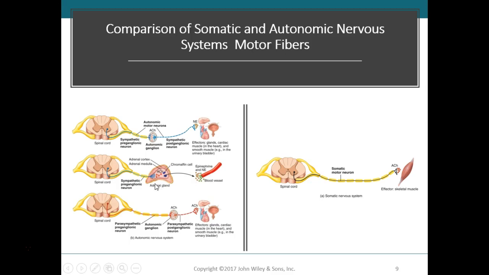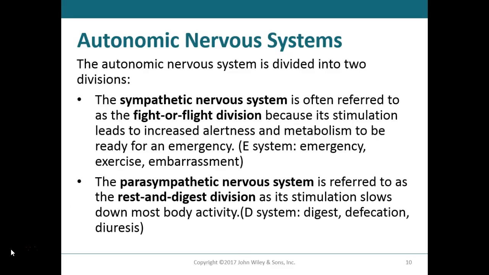There is a pathway where the adrenal medulla is stimulated to release epi and norepi, again, what we commonly call adrenaline. That is a little bit different. We'll talk a little bit more about that later. But remember, in most cases, the autonomic system uses a 2 motor neuron pathway, where the somatic uses just the 1. Functionally, the autonomic system is divided into 2 major branches.